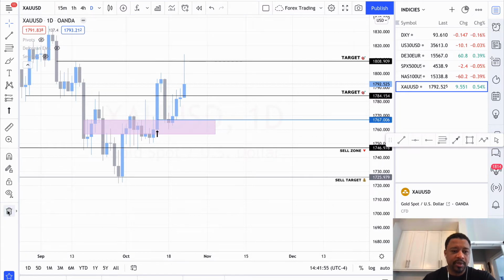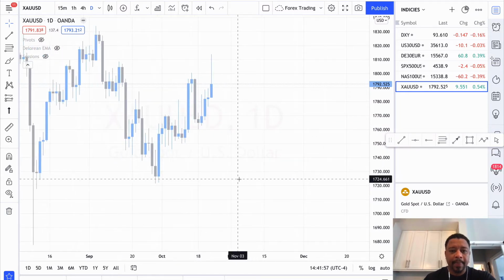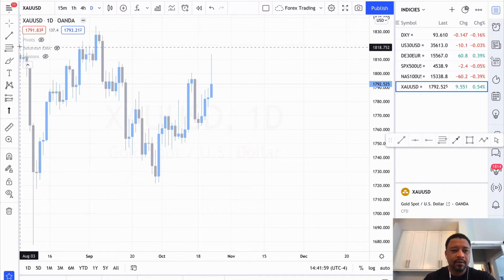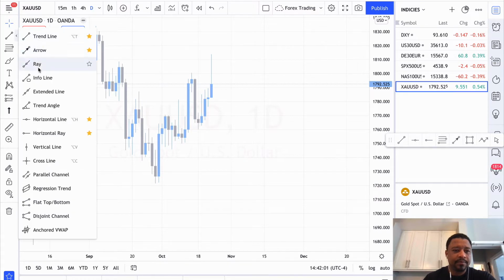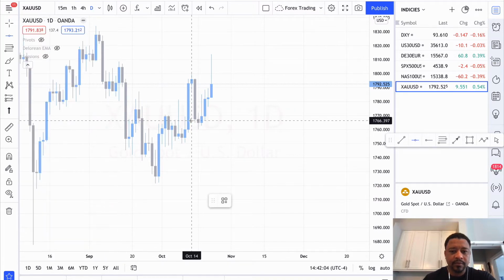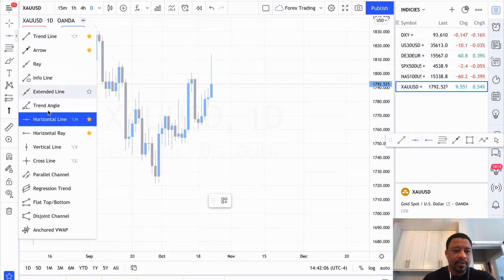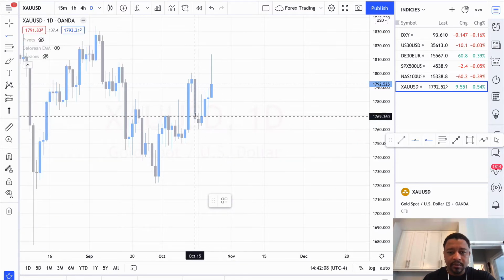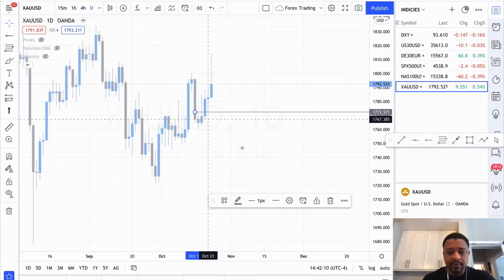Looking for the ray. So this area right here.